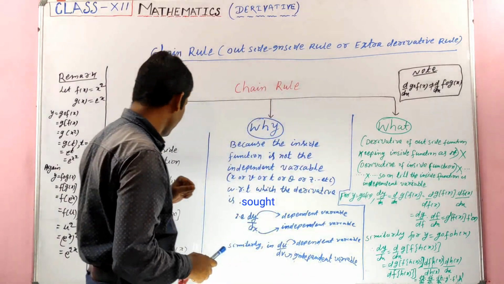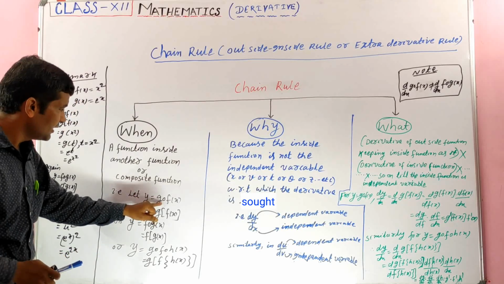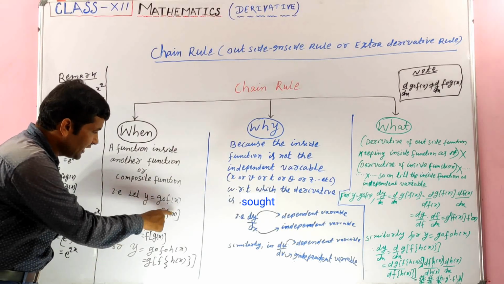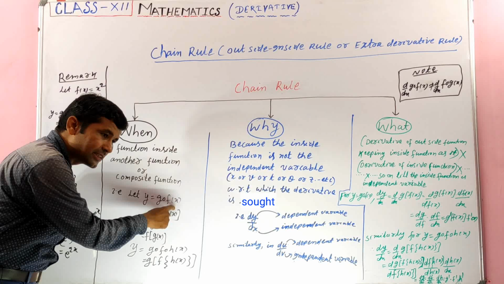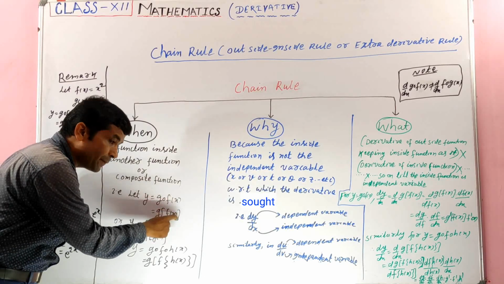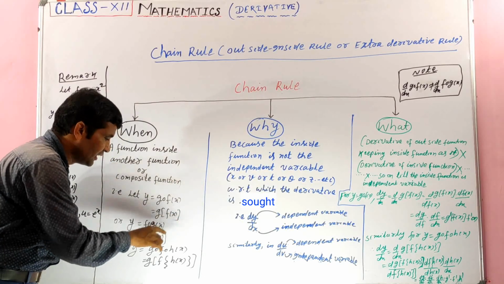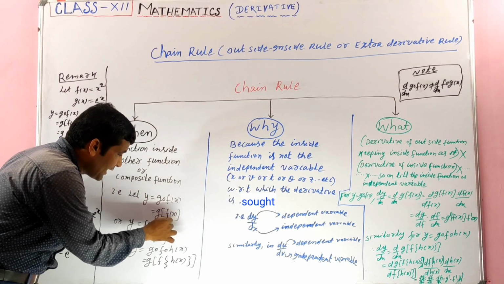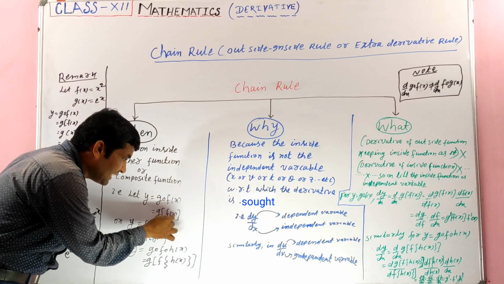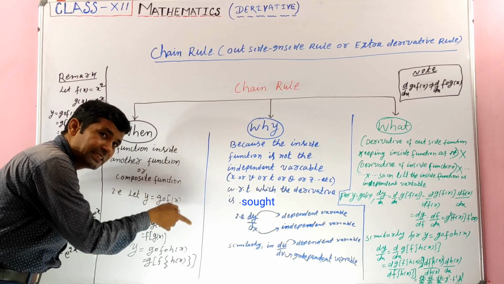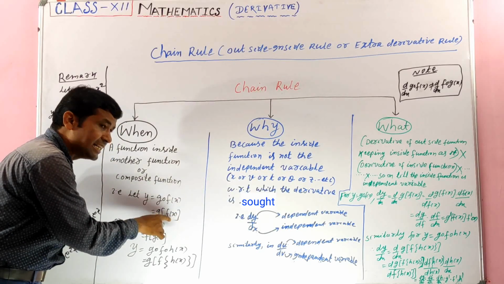Now see here, this is the GOF x. So the inside function is what? F of x. The inside function is f of x, not exactly x. So our independent variable x is inside f, inside the function f, not inside g.